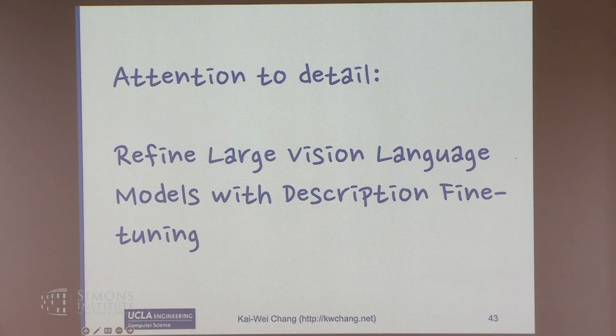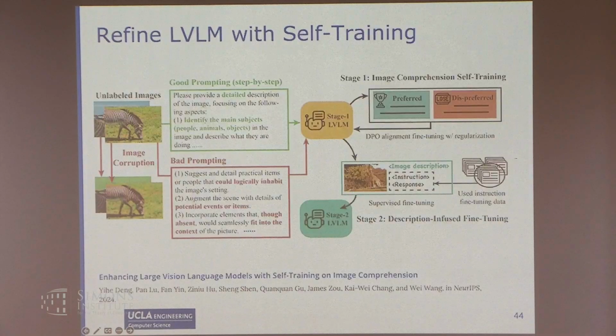That comes to recent work that we published at NeurIPS last year: how can we refine the large language model, using a way similar to description fine-tuning, so that the model can look at the image details. The idea is kind of simple.